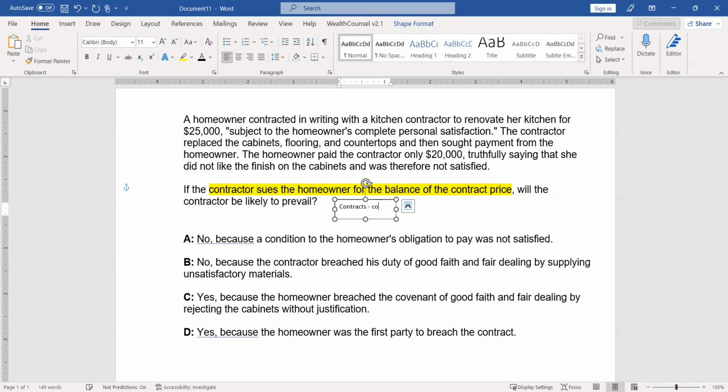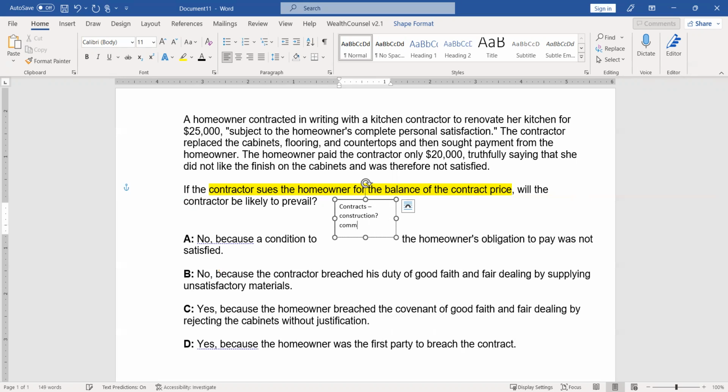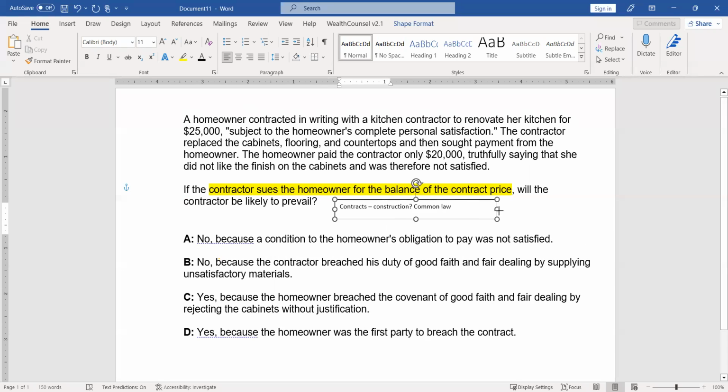You may not feel comfortable concluding yet that this is a construction contract. It's really about your comfort level, how many MBEs you've done, for you to feel comfortable concluding that here, but you can at least get into that frame of mind because it's talking about contract price. You should also, again, think damages, breach.